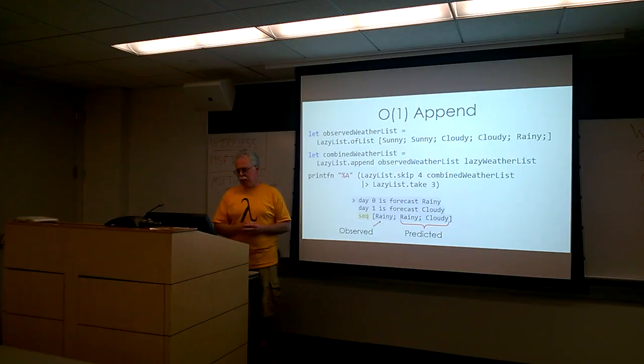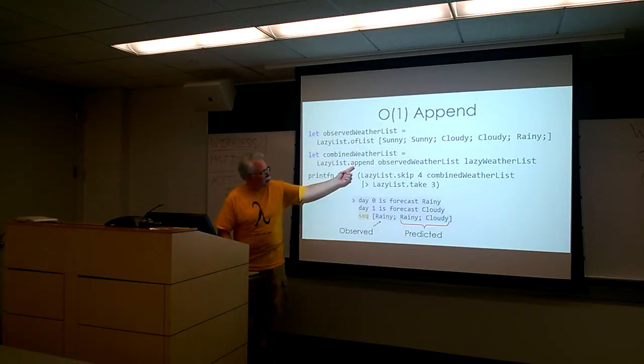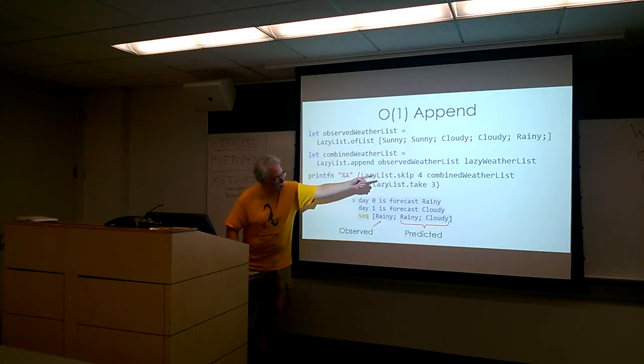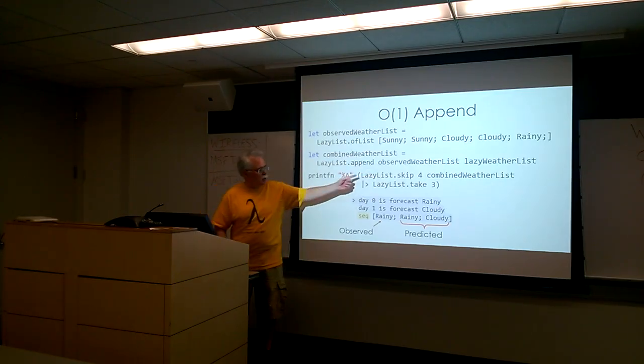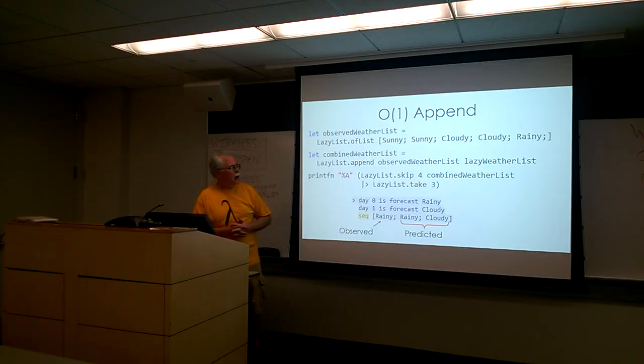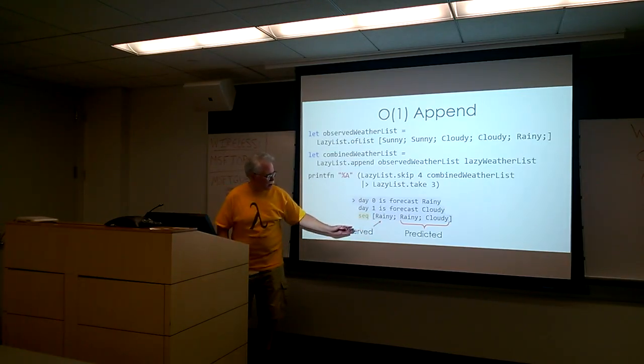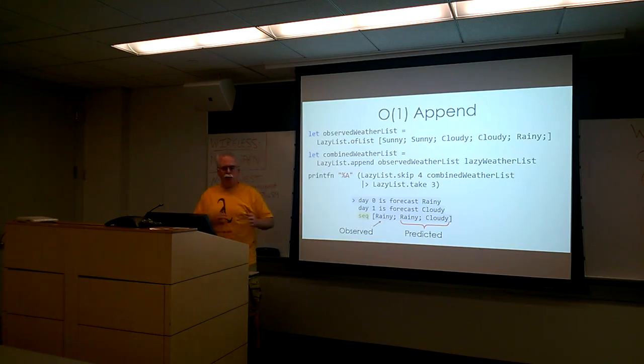This is an example of doing that. And so in this case, we're taking the observed weather list, and we're appending it with the lazy weather list down there, and then we're skipping 4 and taking the first 3, and you can see that, as it should be, we get 1 element from the observed list, and the rest are from the predicted.